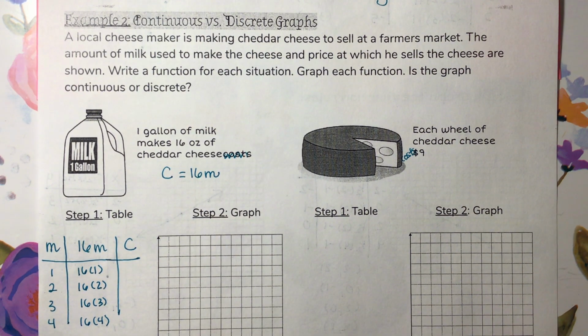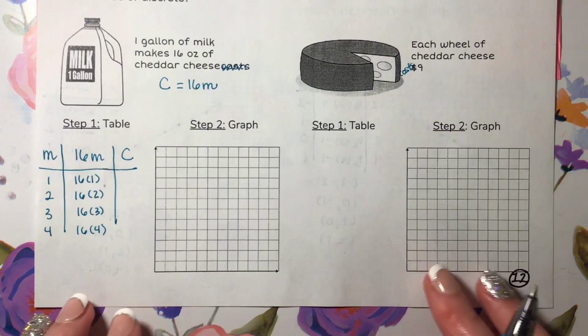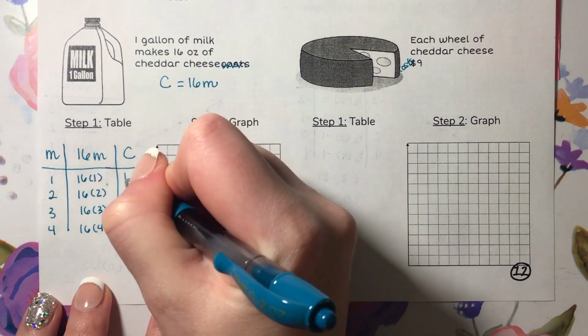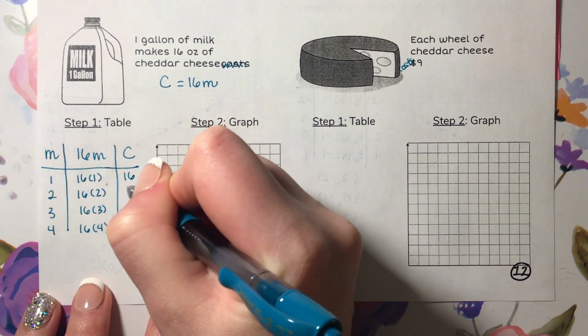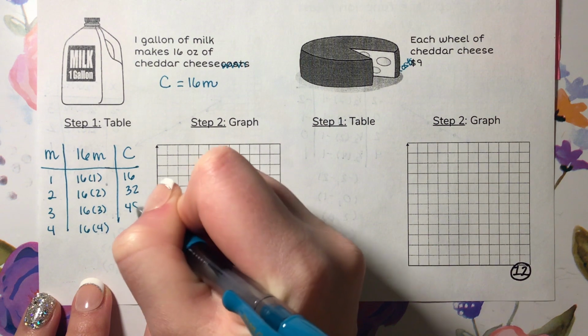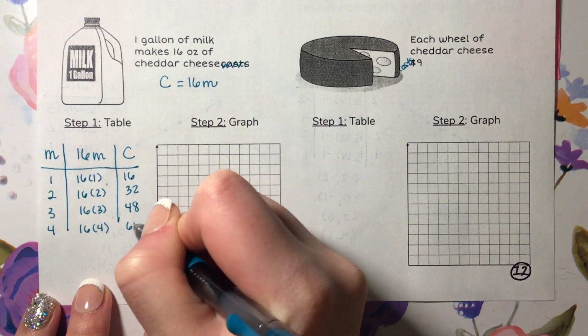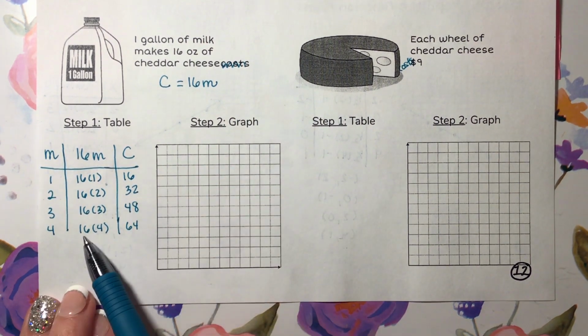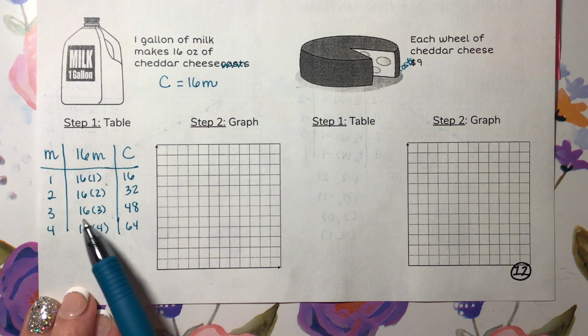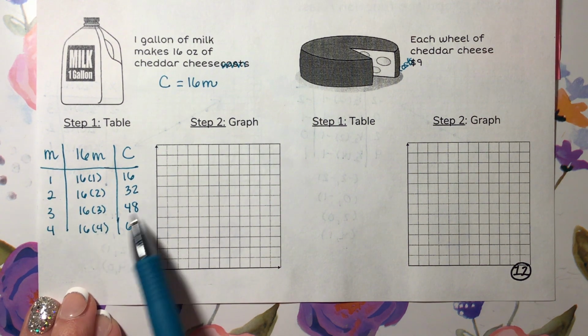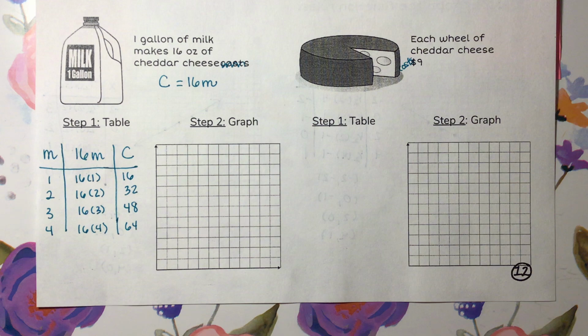And then I'm going to multiply that and get how much cheese ends up getting made. So that's going to be 16, 32, 48, and 64. Notice all I'm doing, I'm taking 16 times 4 equals 64, 16 times 3 equals 48, and so on and so forth.